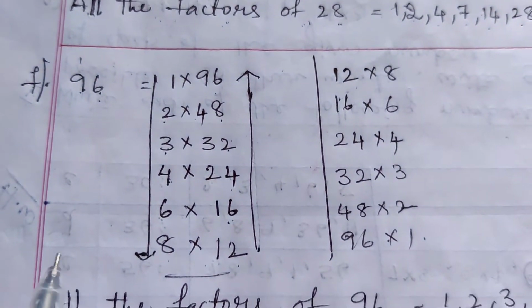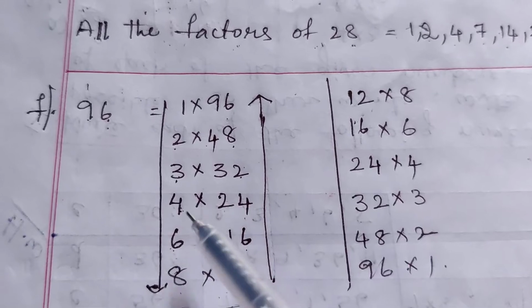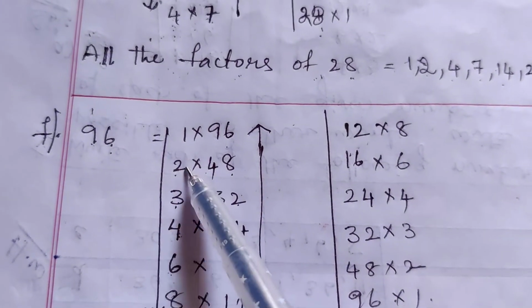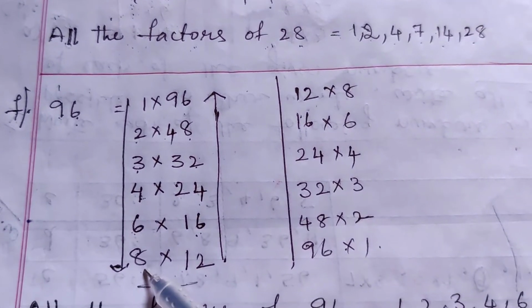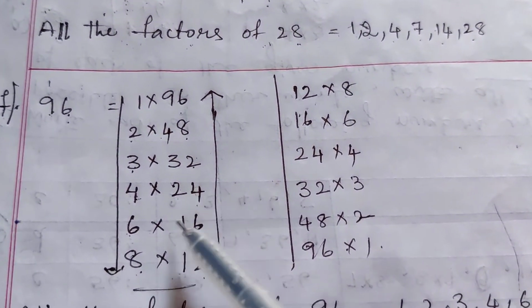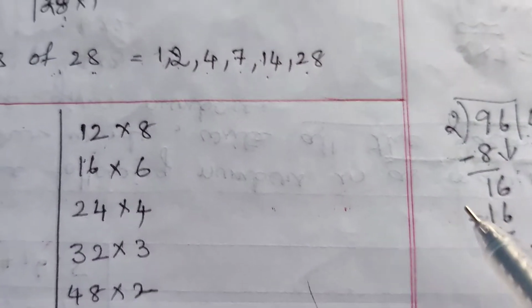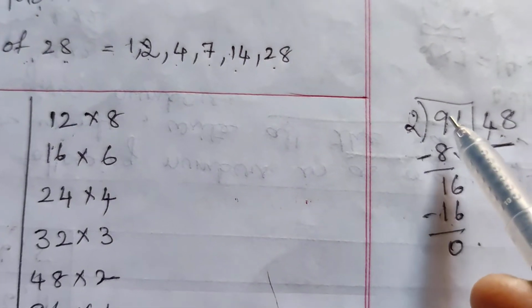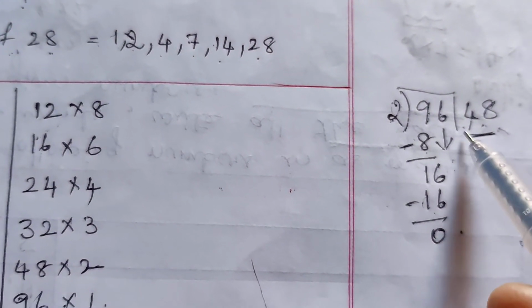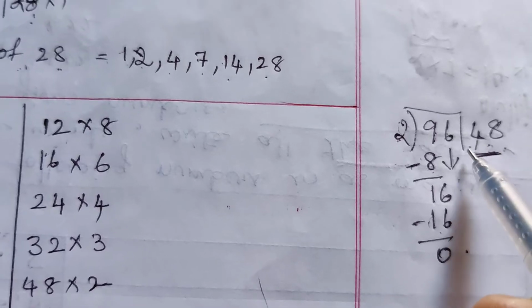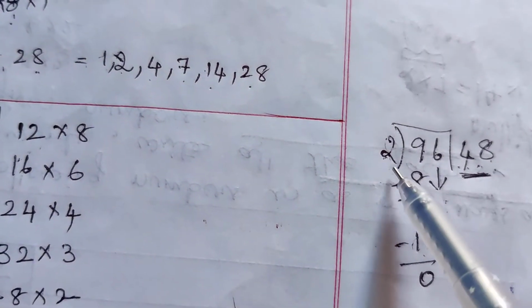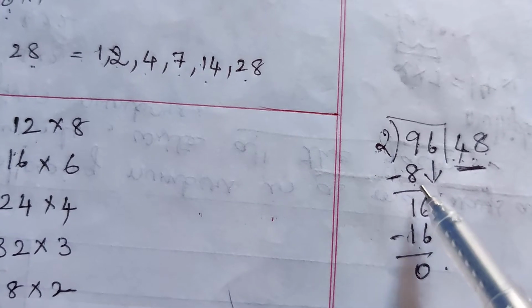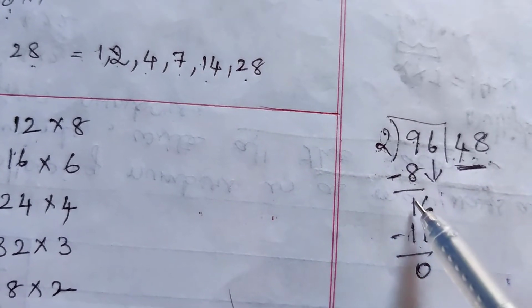In the same way children, for 96 also, 96 will come in the 1 table, 2 table, 3 table, 4, 6, 8. If you are unable to find factors like this, you can take each number and divide and see how many times it is coming. 2 into 48 times. 2 fours is 8. 9 minus 8 is 1.